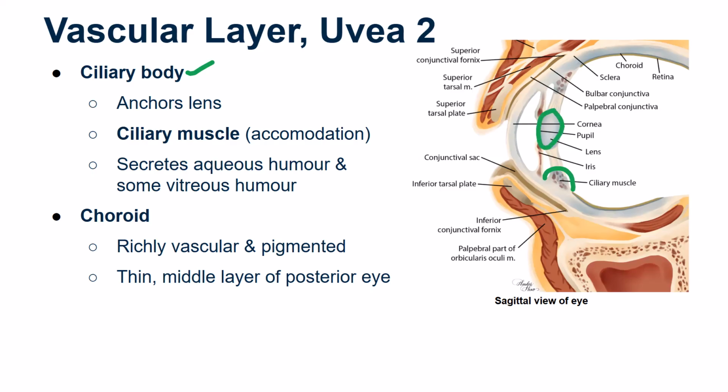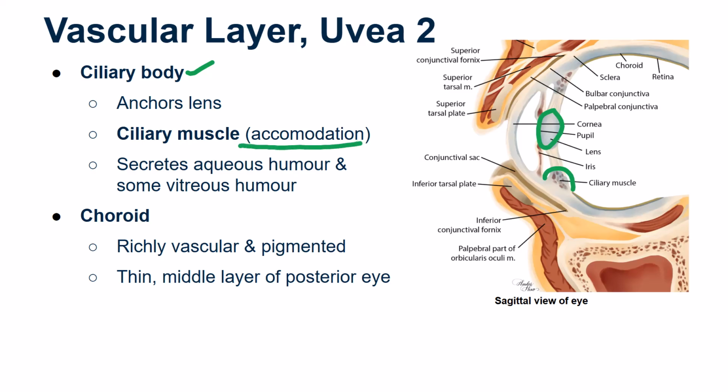The lens is another refractive portion of the pathway of light, which focuses the light on the retina. Now, the ciliary body, because it anchors the lens, contains muscles known as ciliary muscles, which can shape the lens and are responsible for the process of accommodation.